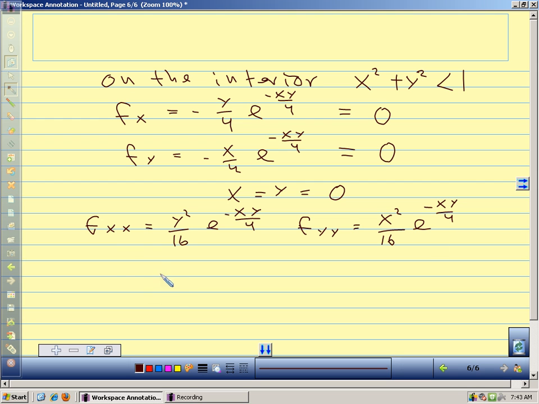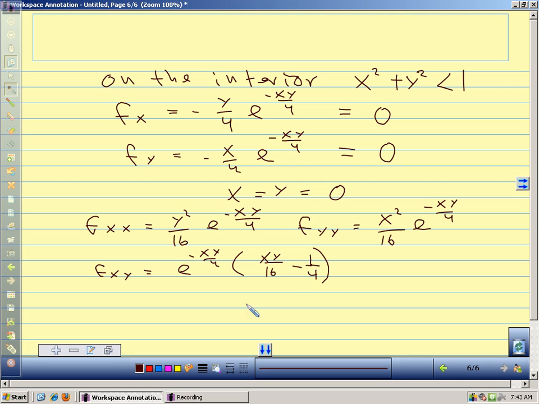And our mixed partial, f sub xy, is minus 1/4, sorry.